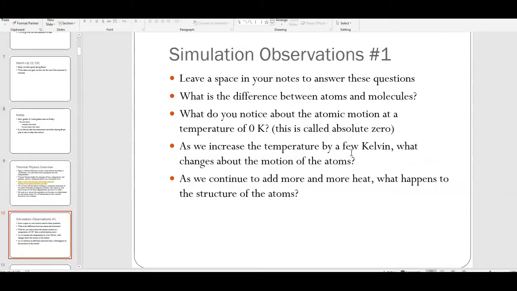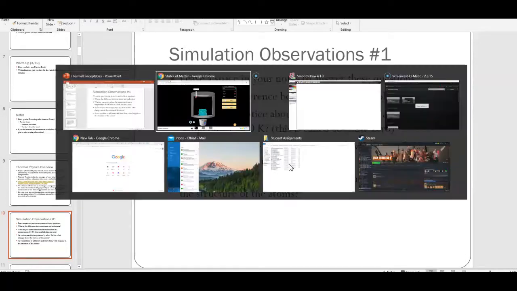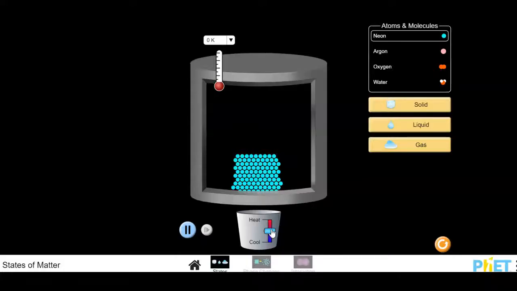As we increase the temperature by a few Kelvin, what changes about the motion of the atoms? Okay, so I'm going to slowly increase the temperature. Notice, by the way, the whole blob just kind of floated up. Ignore that. We're not concerned about that. We're concerned about the motion of the individual atoms, not the group as a whole. In this unit, we're going to be talking a lot about things like kinetic energy and whatnot.